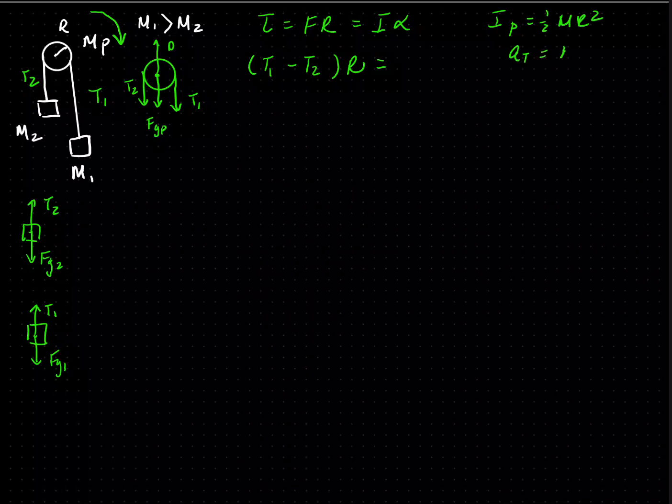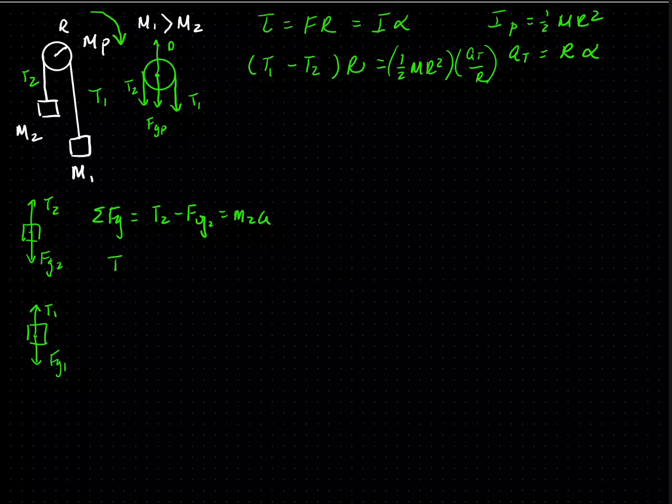Tangential acceleration is r times angular acceleration, so this becomes 1/2 m r squared times tangential acceleration divided by r. So to find tension 1 and 2, we need to write the sum of Fy. For M2, the sum of Fy is equal to T2 minus Fg2 equals M2 a. T2 is going up because M1 is going down.